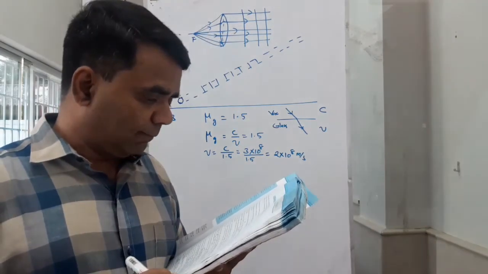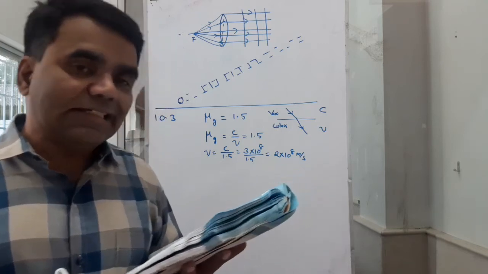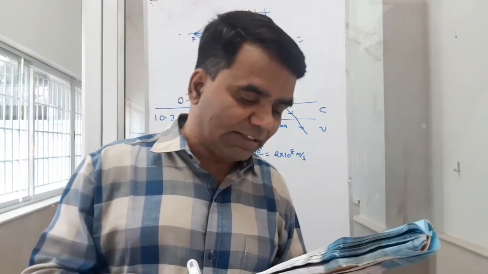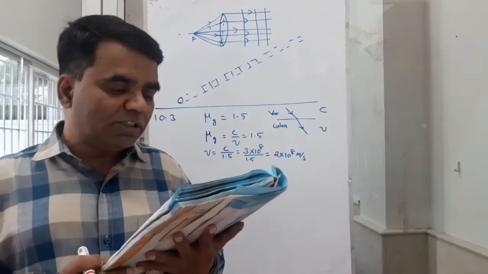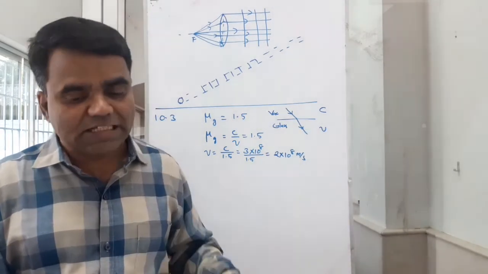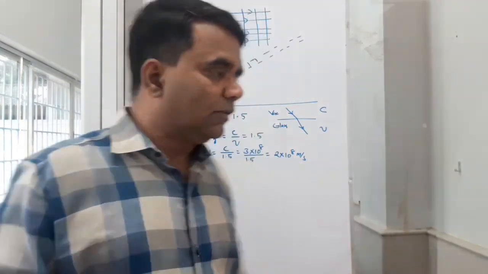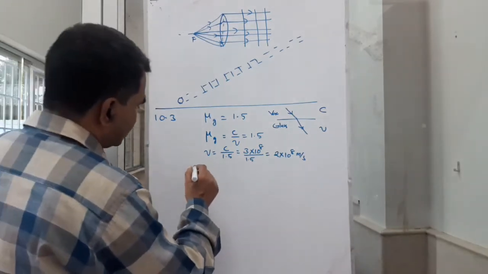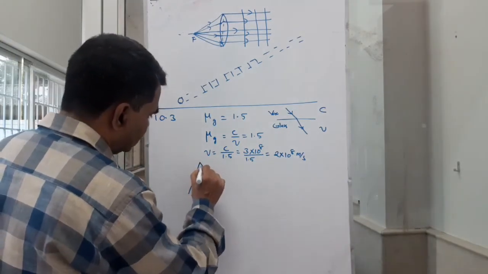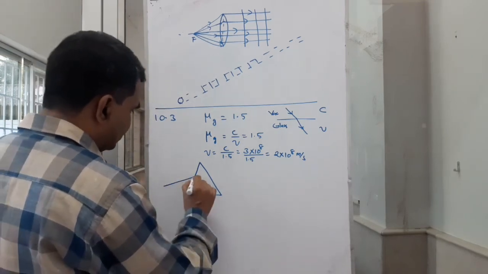Second, is the speed of light in glass independent of the color of light? If not, which of the two colors, red and violet, travels slower in a glass prism? Well, you may have noticed this. Okay. Suppose I have a glass prism, and then light hits here.